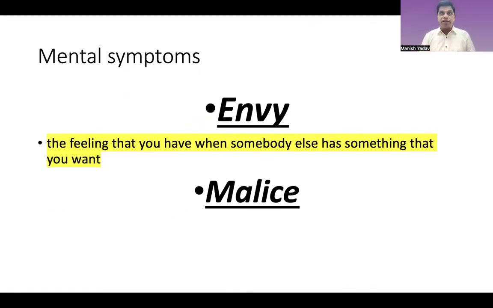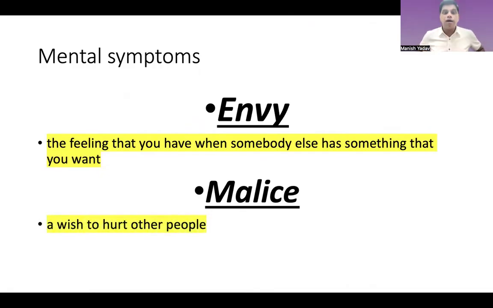But along with envy, there is one very important quality, which is malice. What is the definition of malice? Wish to hurt others. Now, if it is just envy, they just feel envious, maybe jealous of others, and comparison is there. That is envy. What is malice? They are cruel also. There is one word, cruelty, written in Medorrhinum.